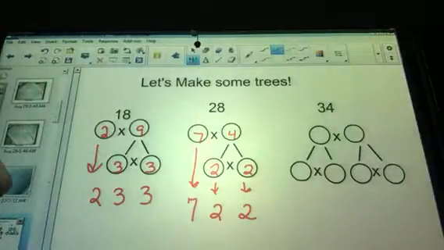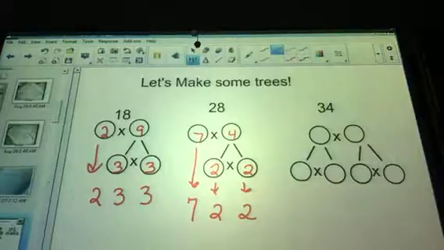What if we did 34? How about... Well, it's an even number. Let's see, 15 and 15 are 30. 16 and 16 are 32.